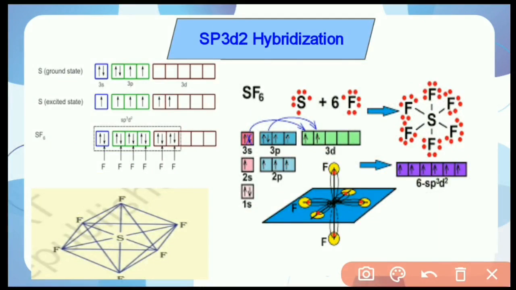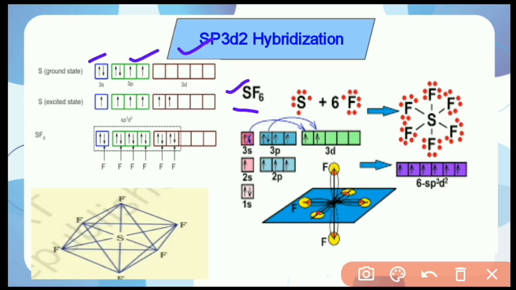Next hybridization involving d orbitals is sp3d2 hybridization. In this hybridization, 2 d orbitals are involved. For example, SF6. So here the central atom is sulfur. When we see the electronic configuration, the valence shell electronic configuration of sulfur is 3s2 and 3p4.